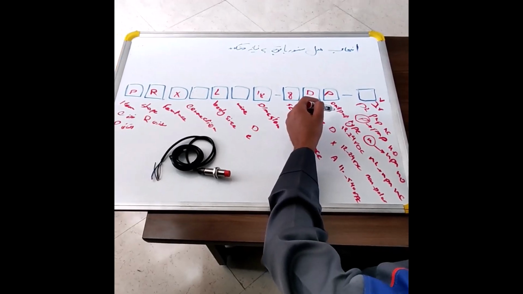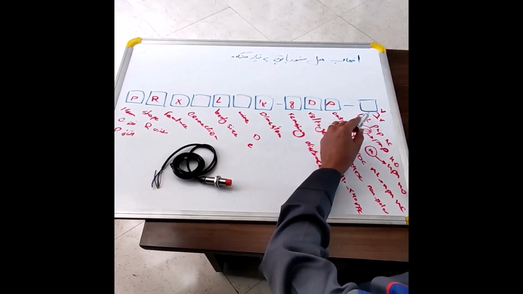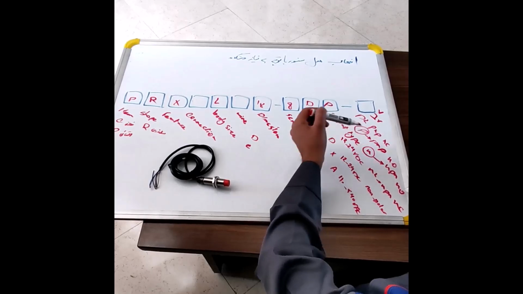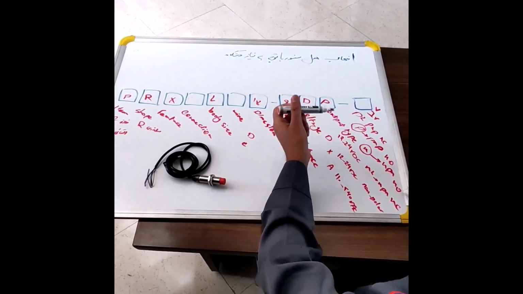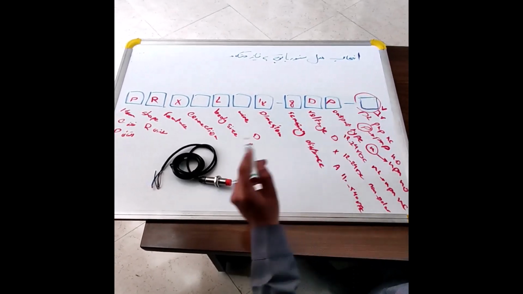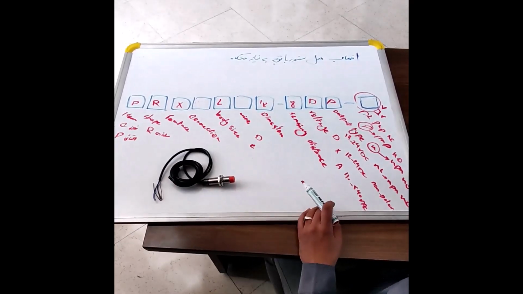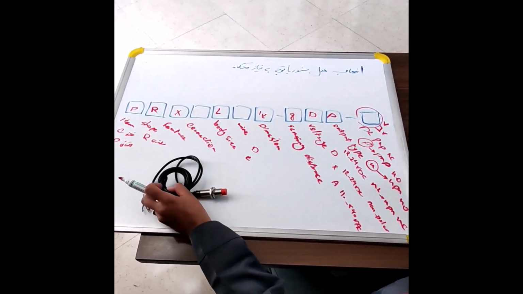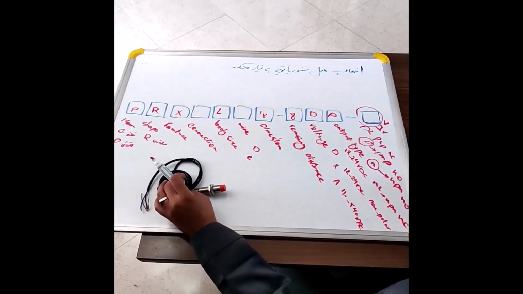If it is A, it is 220 volt AC. The tenth square displays the output type, which if P is PNP normally open, if P2 is PNP normally closed, and if N is NPN normally open, if N2, NPN normally closed. Well, this was a complete explanation about choosing a sensor according to these specifications.